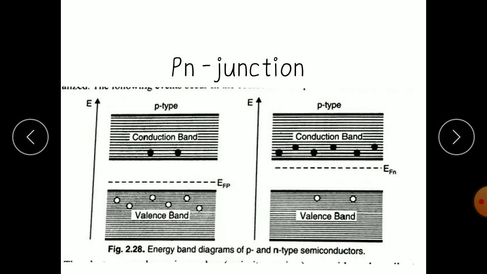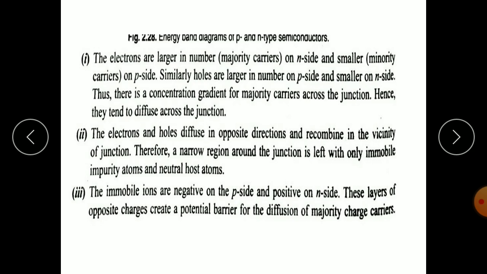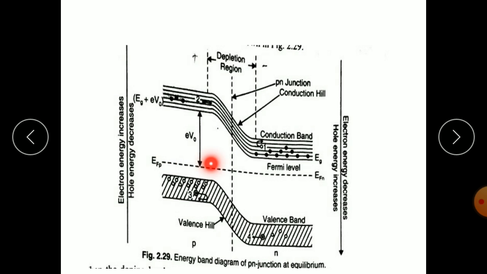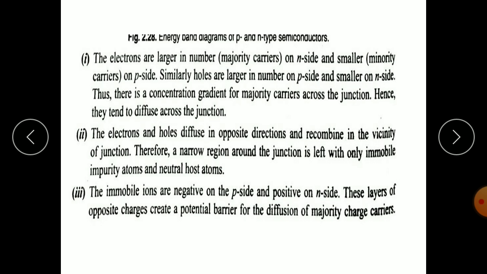Analogously, if we combine p and n-type material, the Fermi level of the n-type region goes down, while that of the p-type goes up, and equilibrium is attained with both levels at the same height. If you look at this diagram, the Fermi level is at the same height.